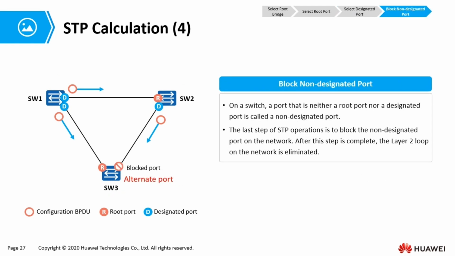Next, we will try some exercises to help us better understand how to select the root bridge, and then determine the root port, the designated port, and also the alternate port.